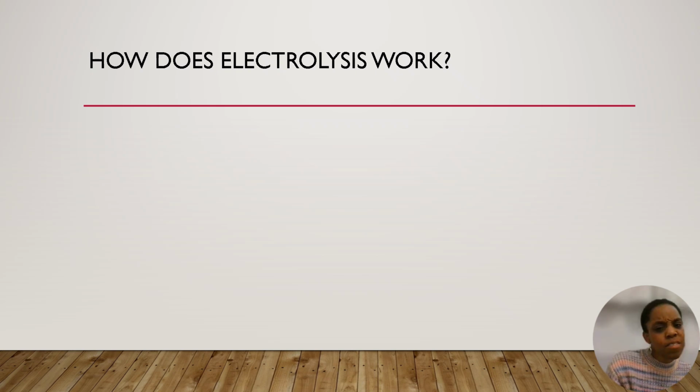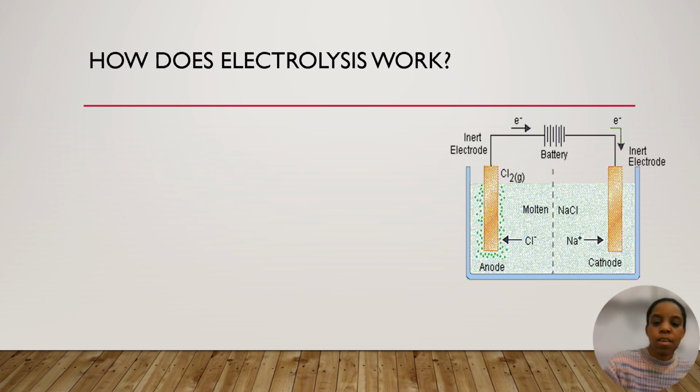So, how does this work? We're using molten sodium chloride as our example for this electrolysis. Molten means that we have melted the compound, and sodium chloride is an example of an ionic compound, made up of positive metal ions and negative non-metal ions. When we switch on our electrolytic cell, we cause the two rods to become charged.